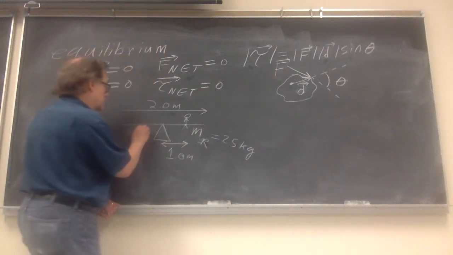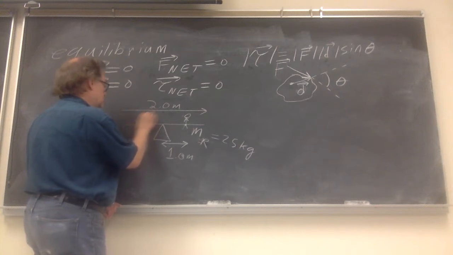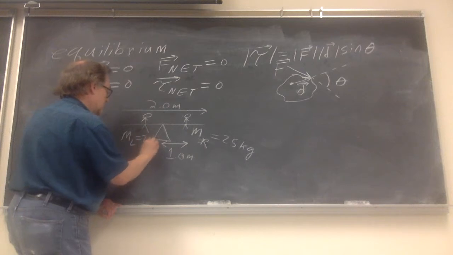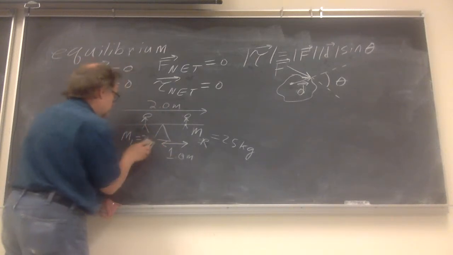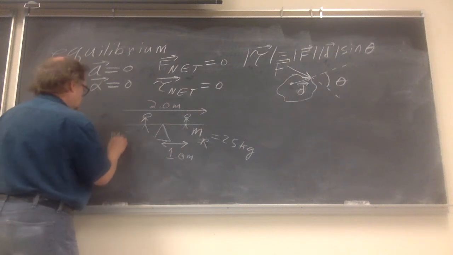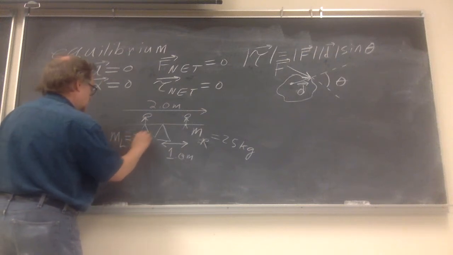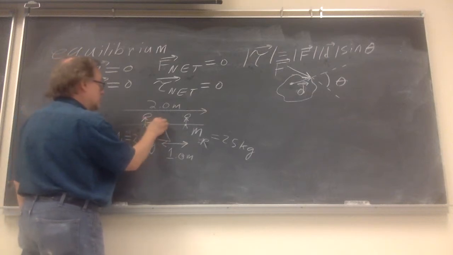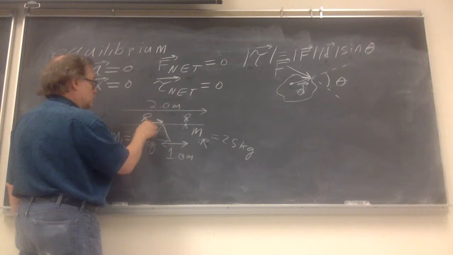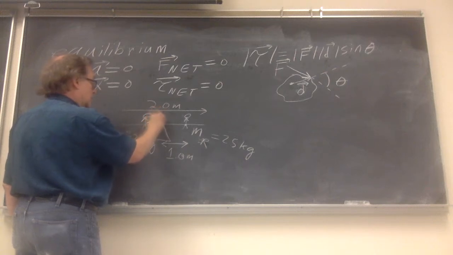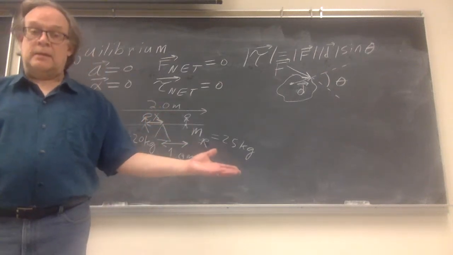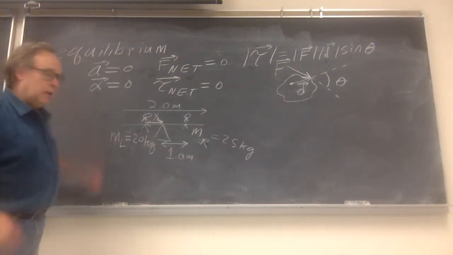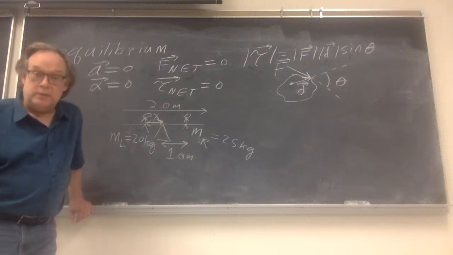So here's the little kid somewhere over here, and the mass of that kid on the left is 20 kilograms. Where that kid is, we don't know, so we'll just say that the distance from the pivot to the little kid is an unknown x. X is the unknown thing that we're trying to solve for, and we can do that with equilibrium ideas.